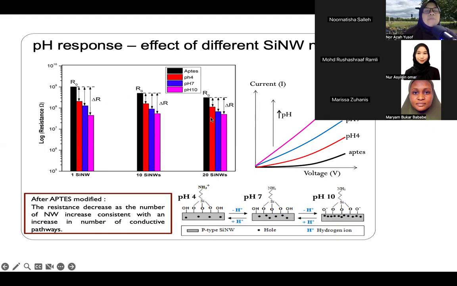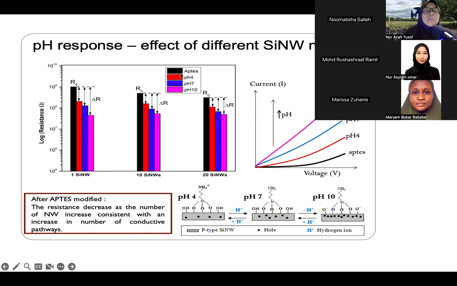Do you see significant change in resistance? I would say no. There is a bit of difference, but based on just the silicon nanowire numbers, the difference is not that significant. There is not much difference.